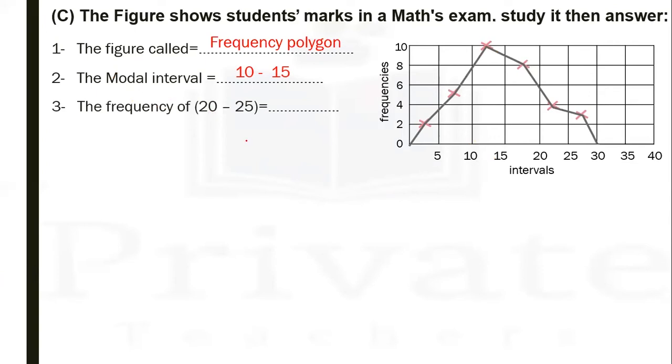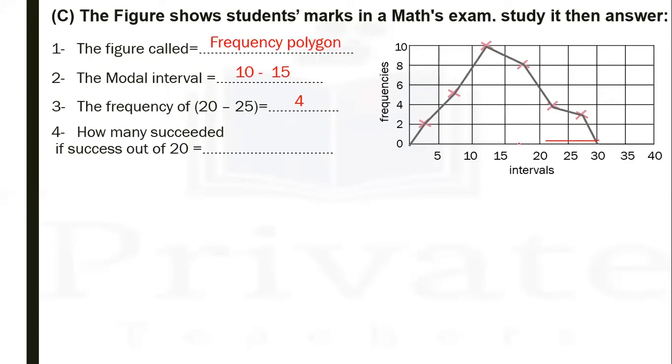Find the frequency of 20 to 25. This is 20 to 25. The frequency is 4. How many students succeeded? If success is out of 20, this is 20. Those students succeeded.